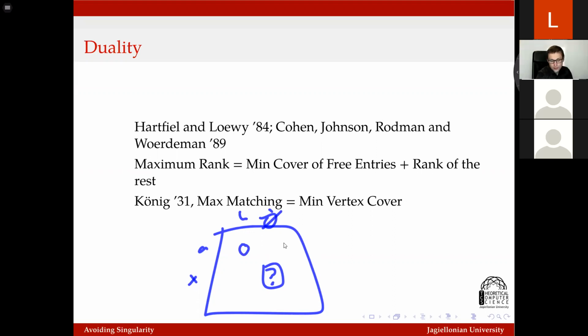Okay, so now basically in this particular matrix, this duality is the same as Koenig's min-max for matchings in bipartite graphs.